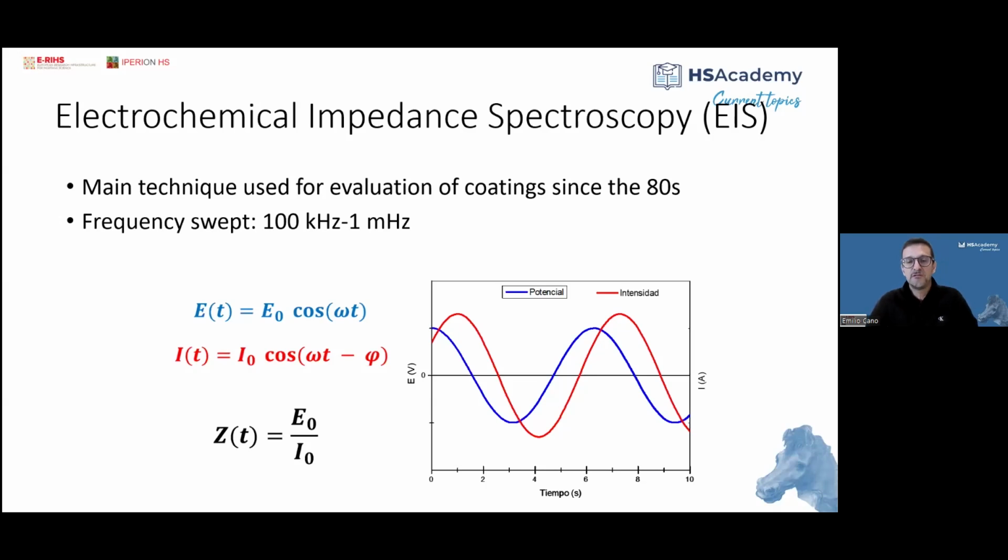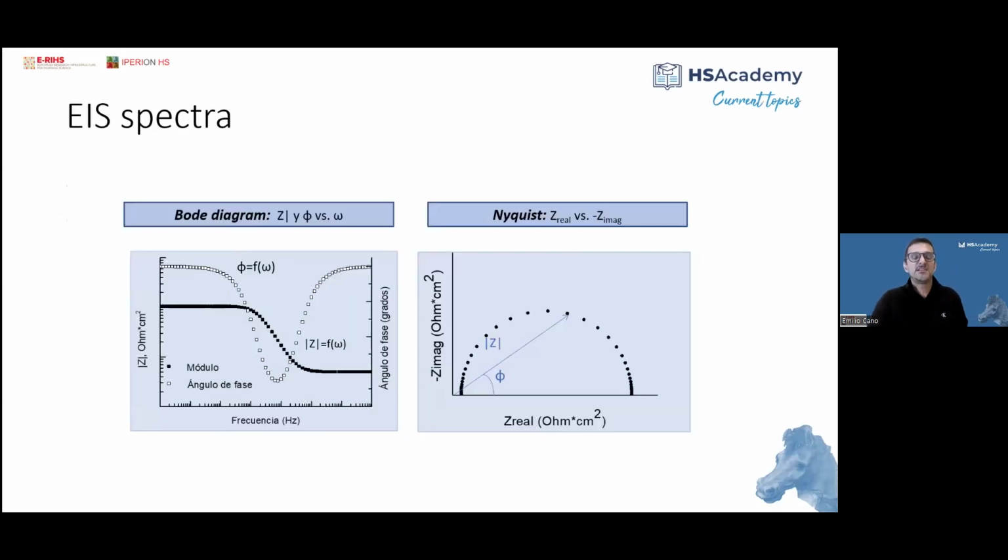So the relation between this applied signal and the signal we measure is the impedance that we obtain. And we plot this against frequency in a Bode diagram, for instance, on the left, or also in the Nyquist diagram on the right, in which we plot in a complex plane display the imaginary part of the impedance versus the real part of the impedance.